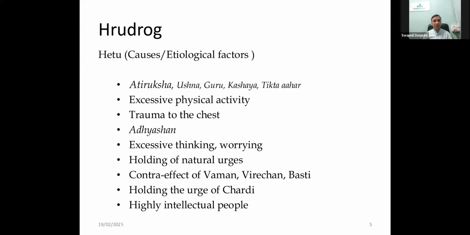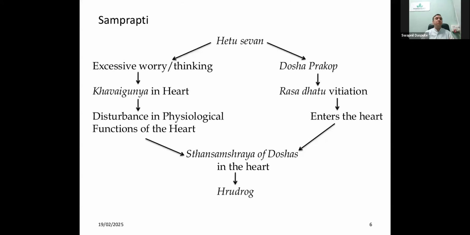Again, the stress levels are higher, so in them also the occurrence of heart disease or Hridrog is found more, right? Not all highly intellectual people will have heart disease, but based on the occurrence which is seen, you can always relate that highly intellectual people can have high amount of stress and can cause heart disease.